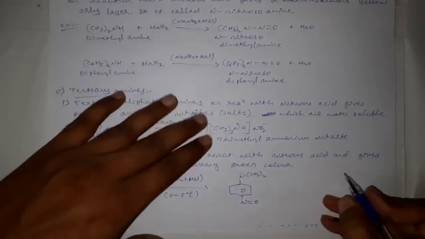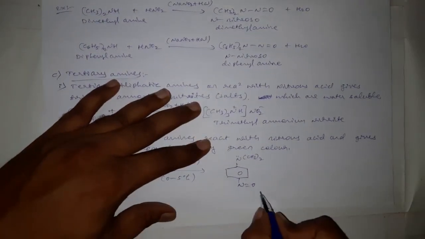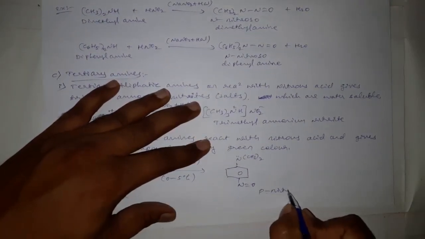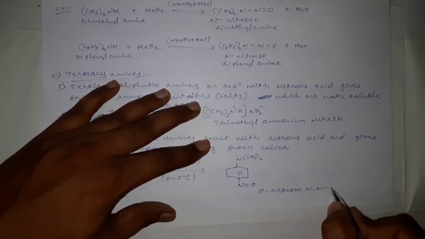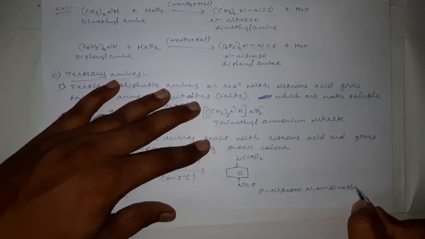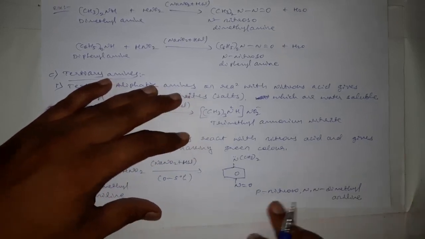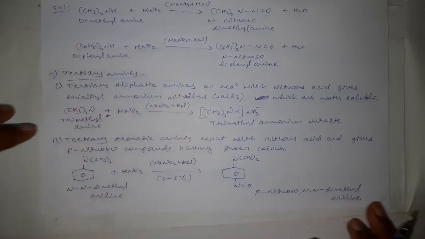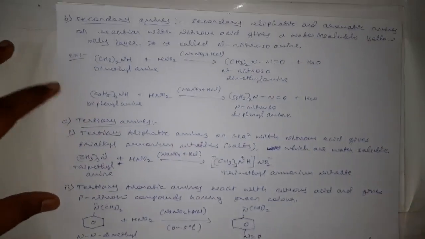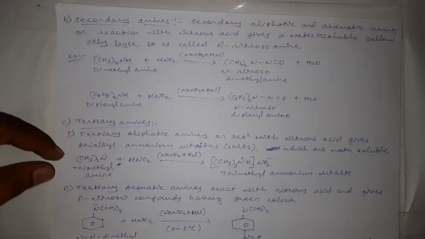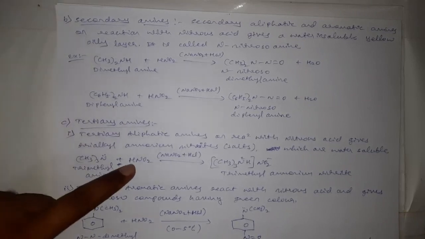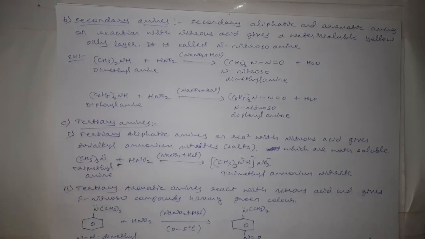Okay, this is called what? Para-nitroso-N,N-dimethylaniline. Okay, this is all about the distinction test between amines by the reaction with nitrous acid. Thank you.